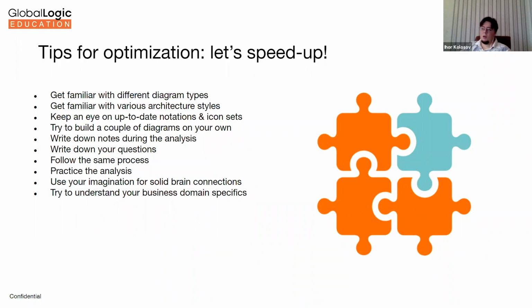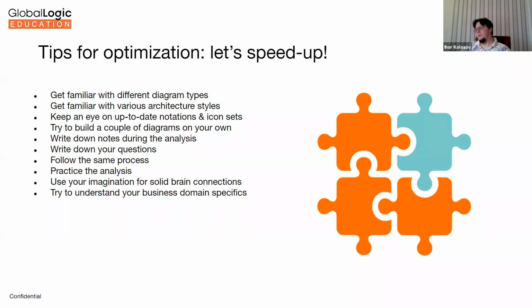Also it is really useful to get familiar with different architecture styles, so you will be able to spot such information much faster with some practice. You will be able to spot some specifics of each architecture style, and it is a good idea to keep an eye on up-to-date diagram notations and icon sets.